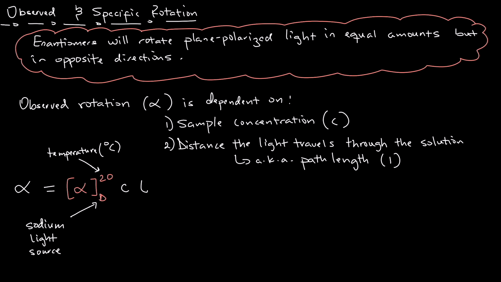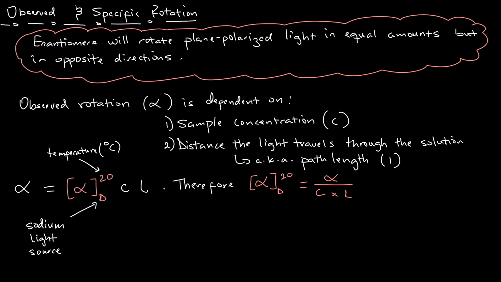And then that 20 is just denoting the temperature at which your optical activity experiment was taken. And so we usually would take this particular sample and run it through a light source at 20 degrees Celsius. Therefore, if you rearrange your equation, alpha D20 is equal to the observed rotation over the concentration of your sample times the path length.